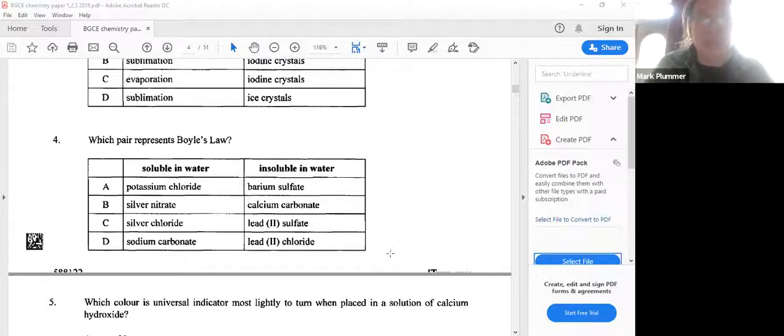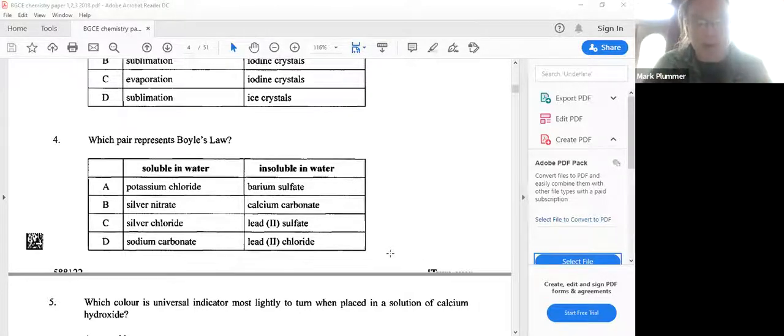And if you're not sure what the principles of the gas laws are, so that's Boyle's law, Le Chatelier's principle, and what Dalton and the other scientists have developed, you need to have a look at the gas laws and how they work. And there is a GCSE chemistry lesson on that in the bank of lessons in the student shed. So this one is asking which one applies to Boyle's law, which one is the most soluble.